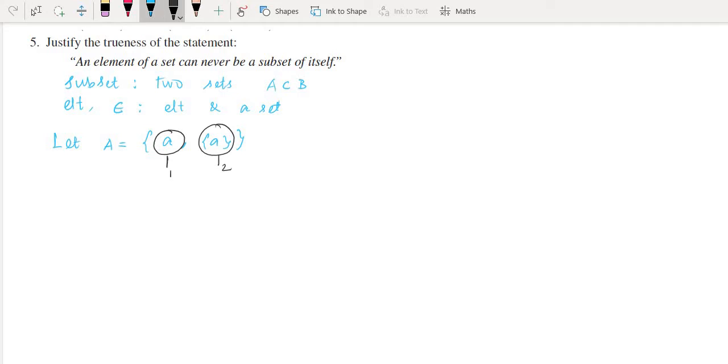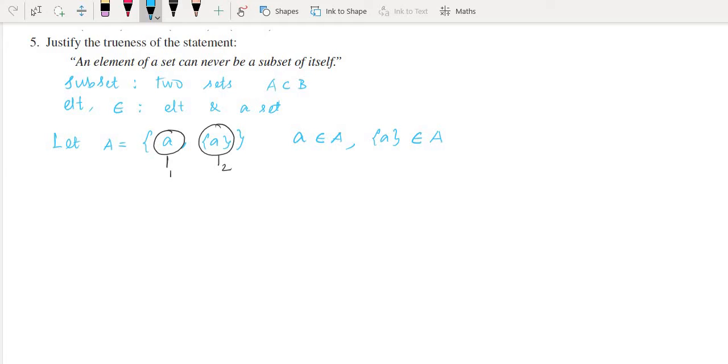So here a set itself is an element of the set A. So let me write the belongs to relationship. So a is an element of our set. So a belongs to capital A, and singleton {a}, this set is also an element of set A.